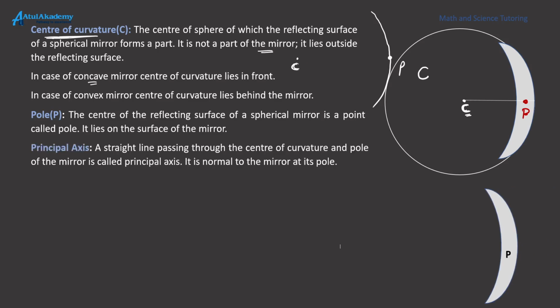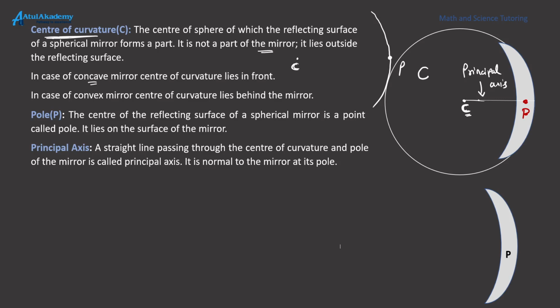Now comes the principal axis. What exactly is the principal axis? The principal axis is a straight line which passes through the center of curvature and the pole of the mirror.